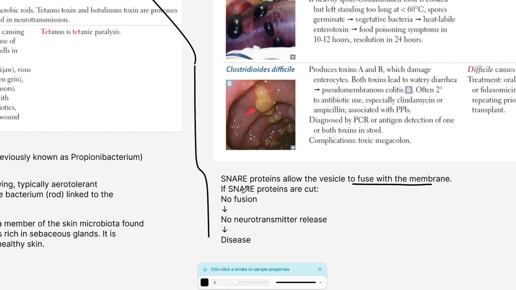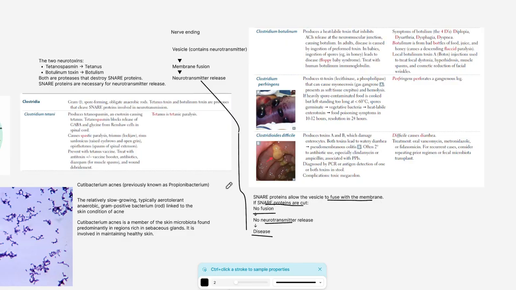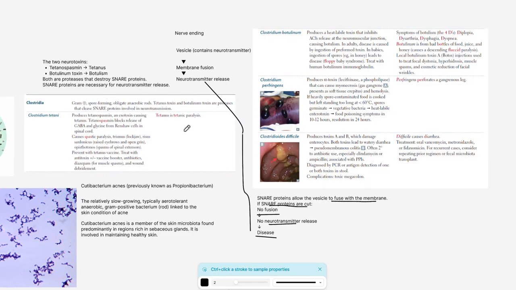Now, if the SNARE proteins are cut, there's no fusion, there's no neurotransmitter release, and the disease progresses. So, neurotoxins basically cause disease by cutting the SNARE proteins and stopping the neurotransmitter from being released.